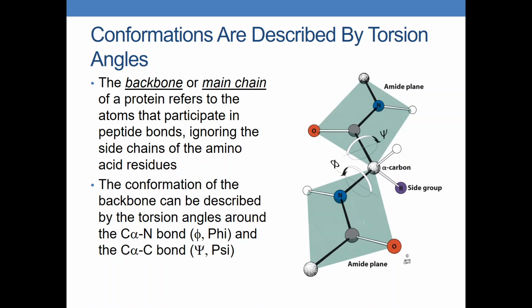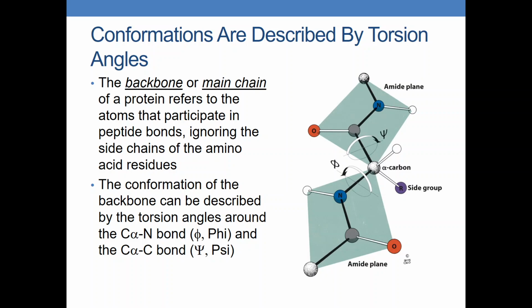Now, I'm using this term backbone, main chain, but I haven't really defined what this means. So when we talk about the backbone or main chain of a protein, these are going to involve the atoms of the backbone of a protein. So the carbonyl oxygen, the carbonyl carbon, the amide nitrogen, the C alpha carbon.